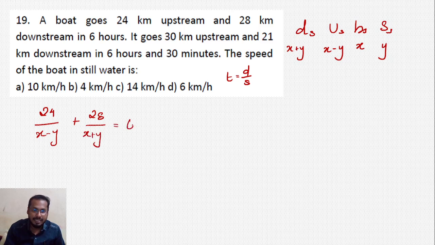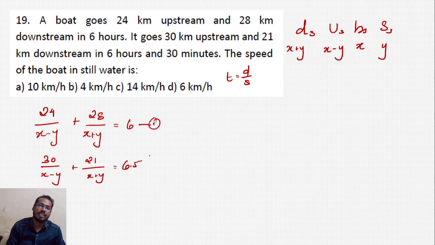Overall time is 6 hours. Let's take this as one. And the second one: 30 kilometers at upstream speed x minus y, plus 21 kilometer downstream at x plus y, is equal to 6.5 hours. So take this as the first equation and this as the second equation.